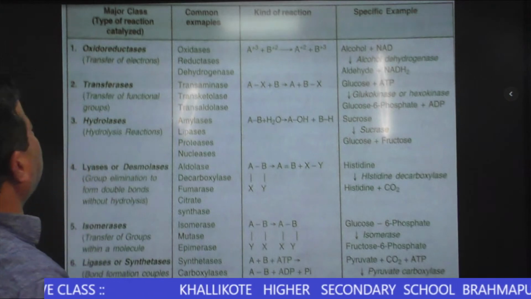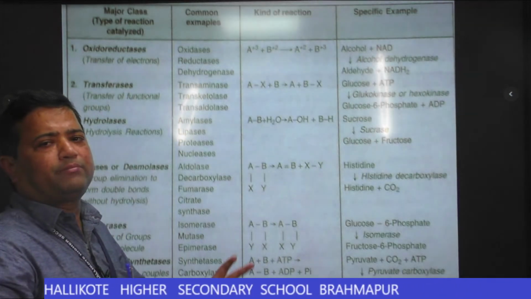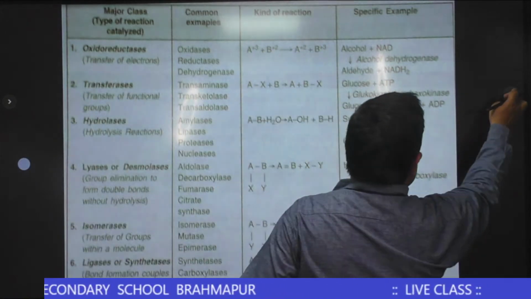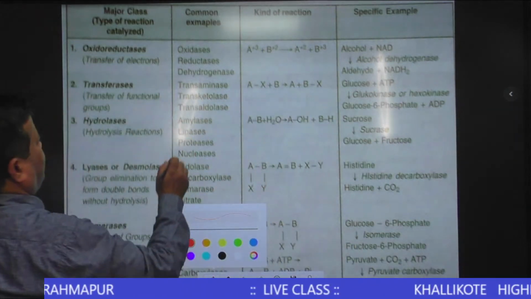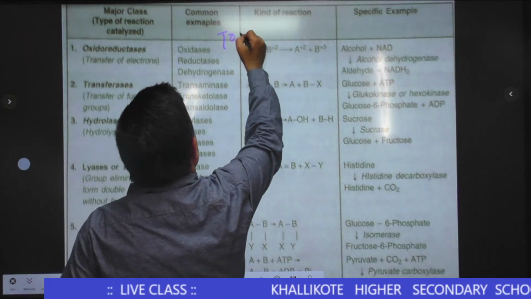Then comes the classification: all enzymes are classified into 6 major classes. I will give you a formula so you can remember better: 2 wheel.